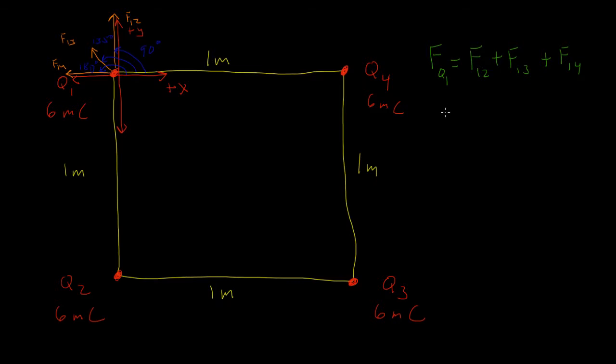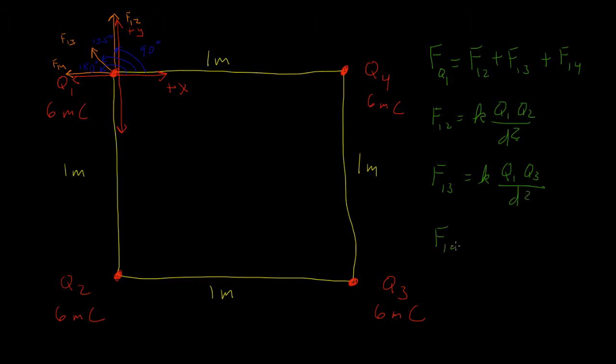And then the same thing as before. To find the forces, we need to use Coulomb's law. So the force between 1 and 2 is going to be K times Q1 times Q2 divided by the distance between them squared. The force between 1 and 3 is the same thing, K, Q1, Q3 divided by the distance between them squared.